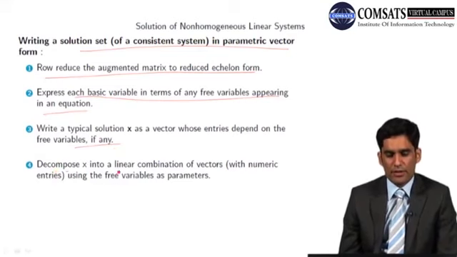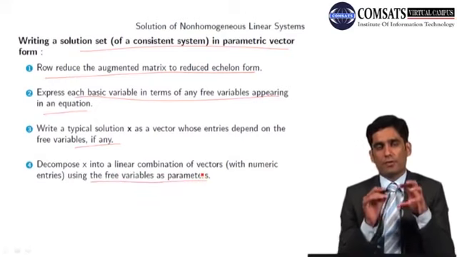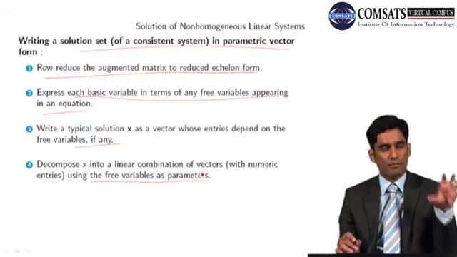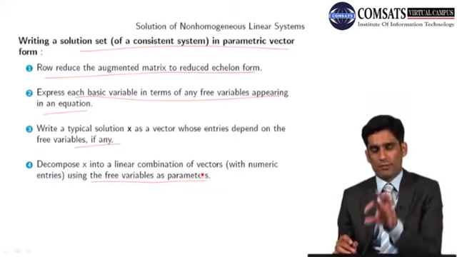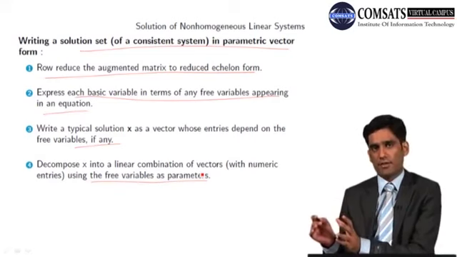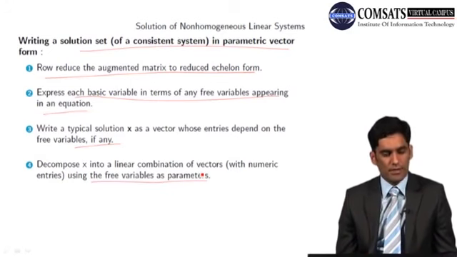Decompose x into a linear combination of vectors with numeric entries using the free variables as parameters. Free variables को as parameters हम करेंगे और free variables के correspond हम decompose कर देंगे solution को a vector plus free variables के correspond parameters and some vectors multiplied by the free variables.